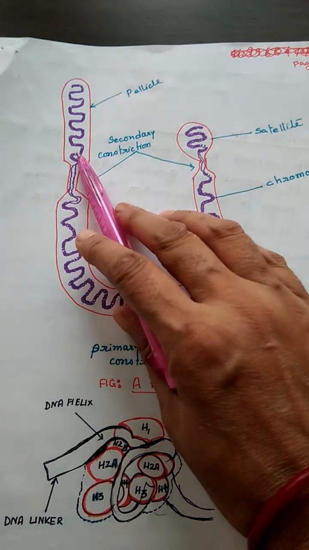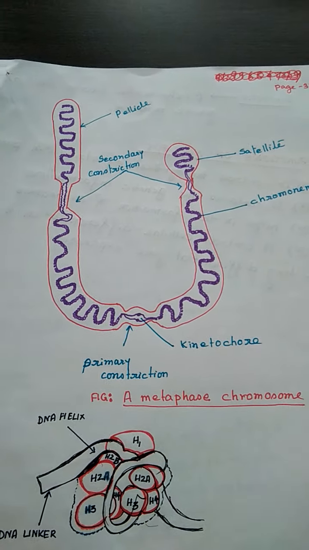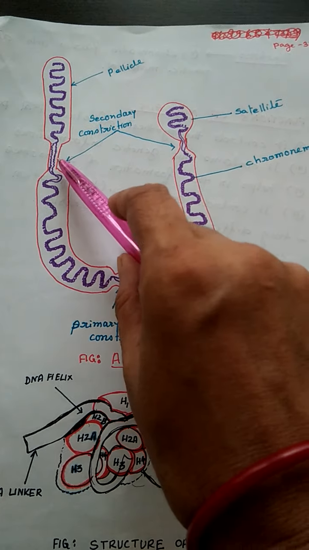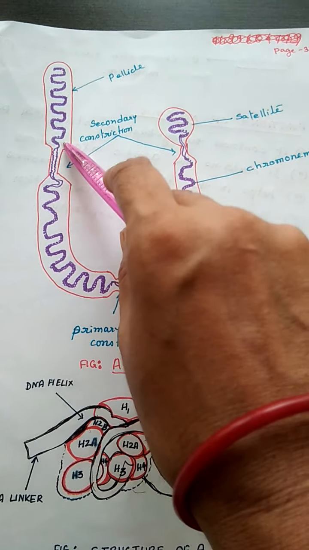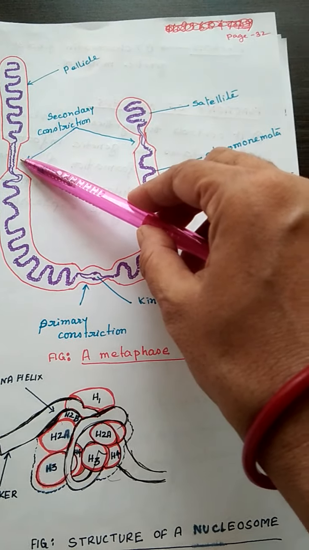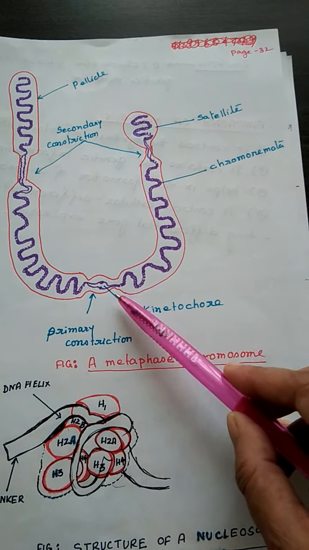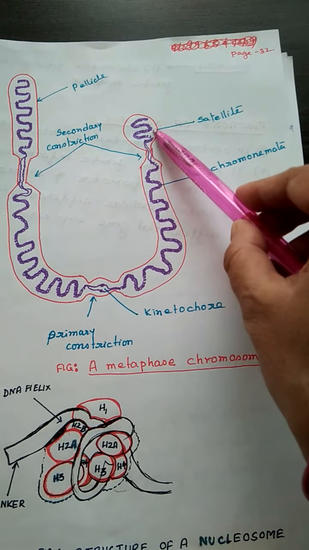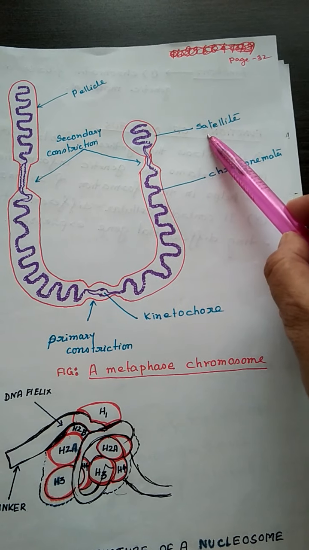Here the two chromatids are coiled with each other. Some constrictions are known as secondary constriction, and this one is the primary constriction, and a bulging part which is known as the satellite.